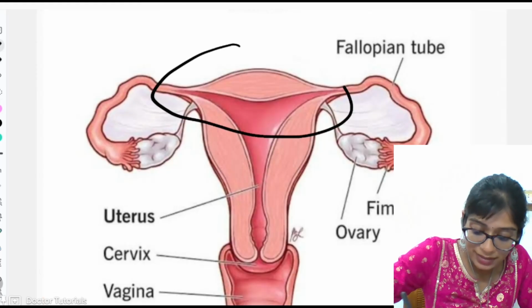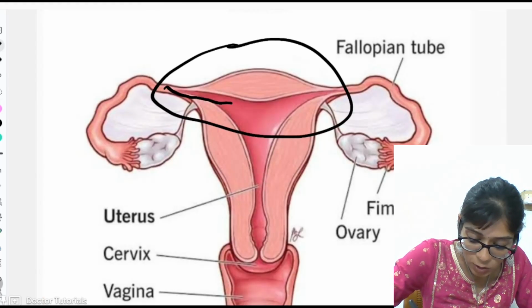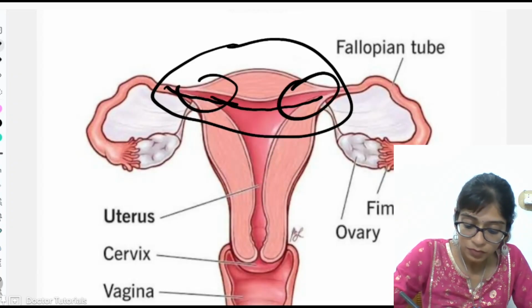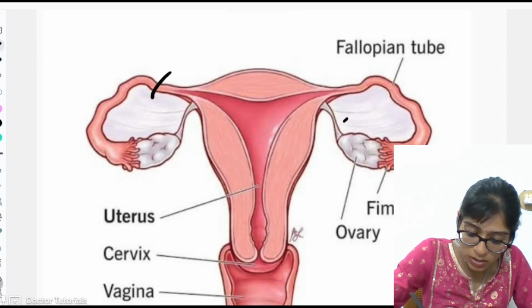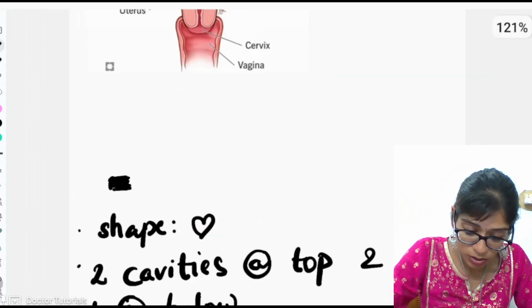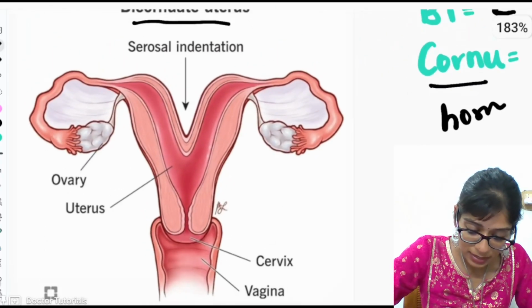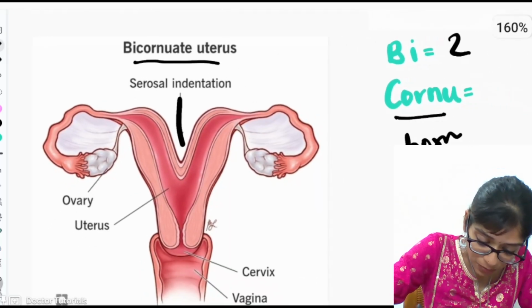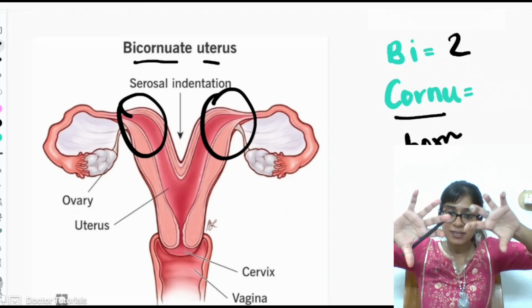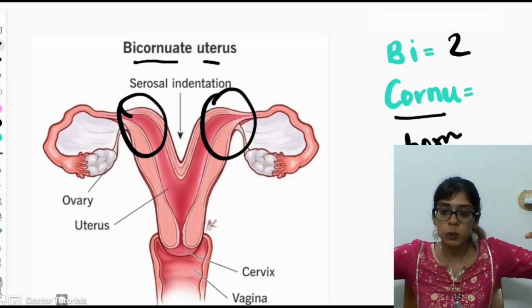Instead of looking like this, where this space is connected to this space, almost in a line, in bicornuate uterus you can see that there is a depression in the upper part of the uterus, and it looks as though there are actually 2 horns.